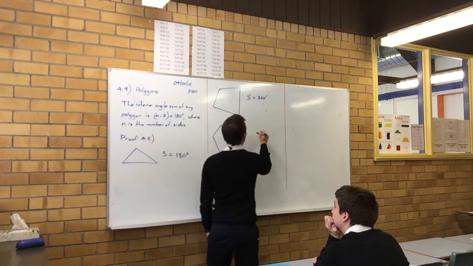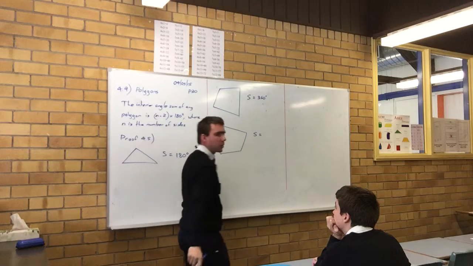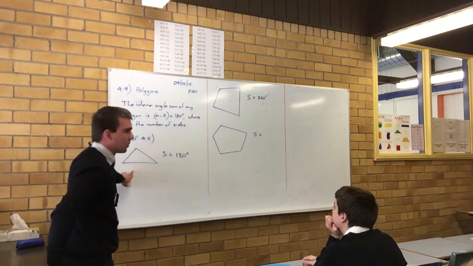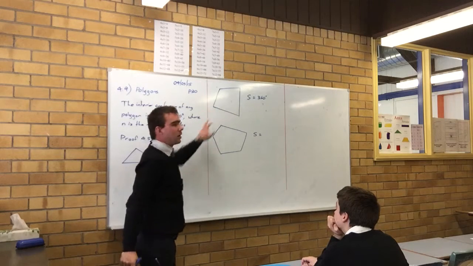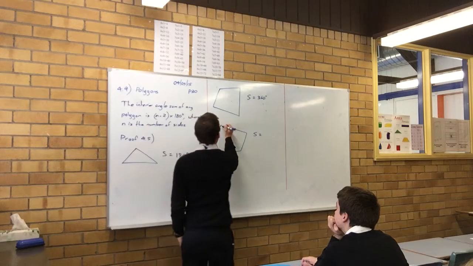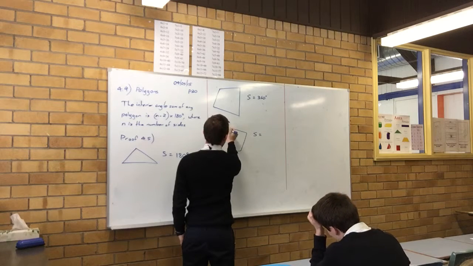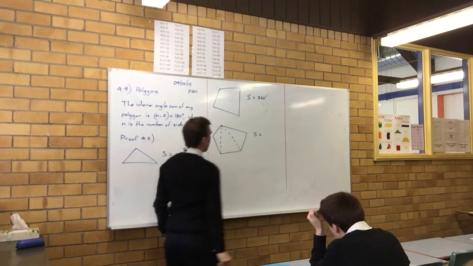Alright, and now we need to justify the angle sum. How am I going to do that? What we've already proved, we can use this property. Can we put some diagonals in so that we have the polygon made up of triangles?